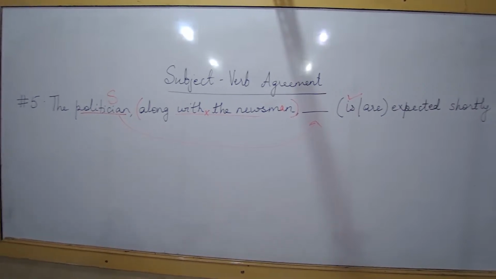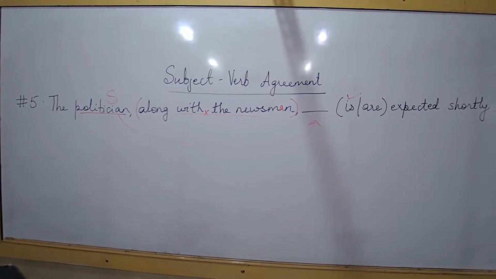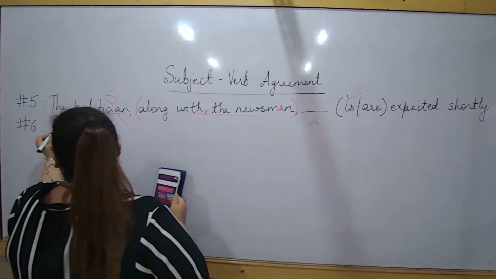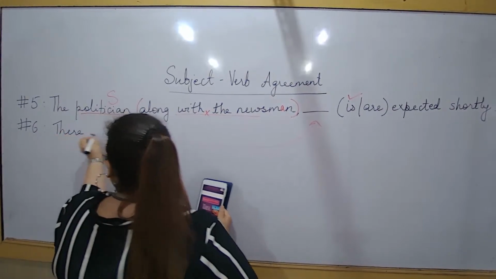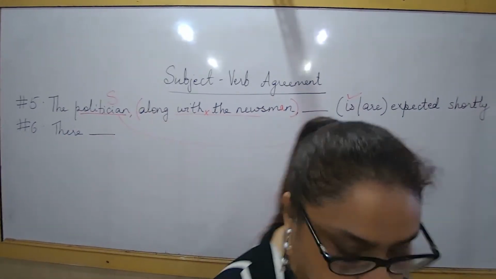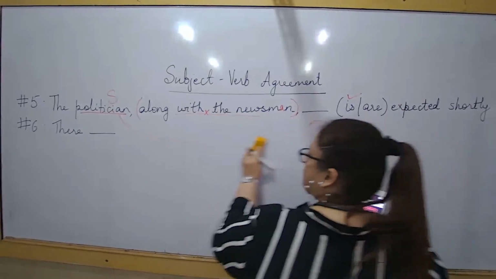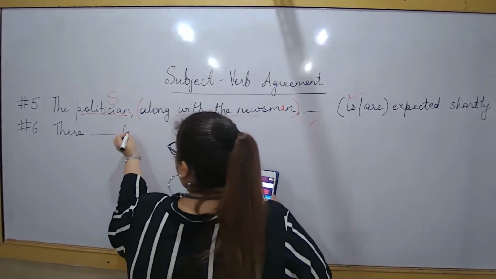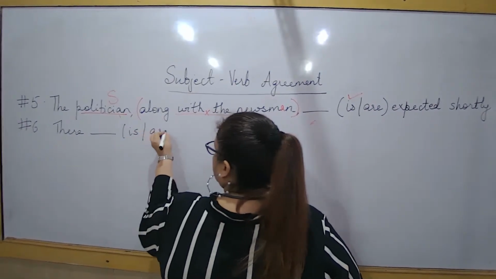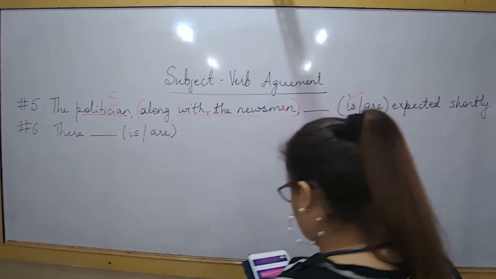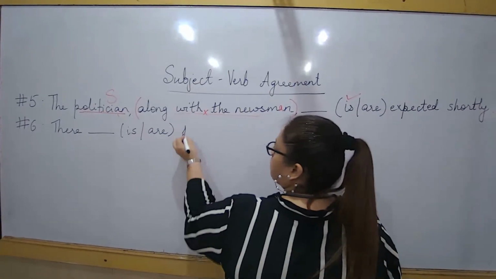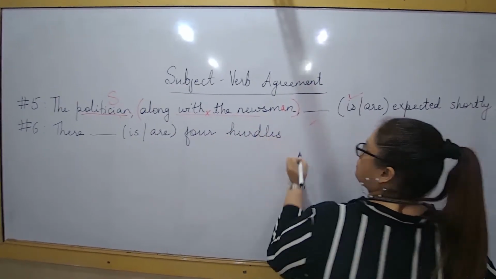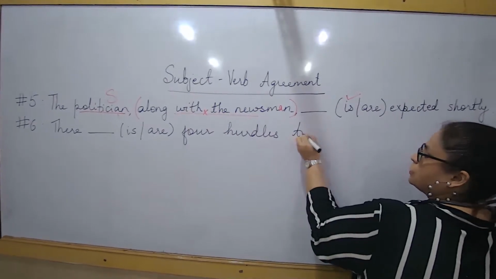Example: There dash is or are four hurdles to jump.